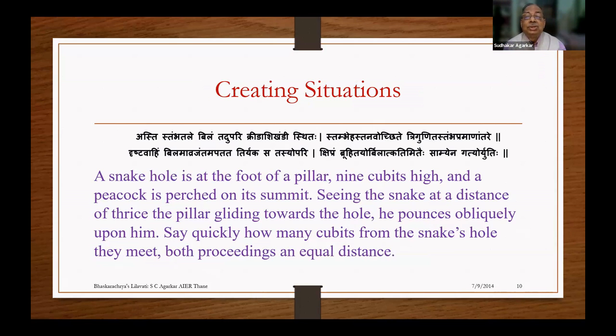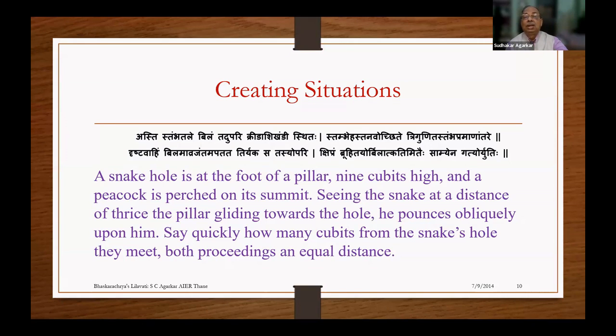characteristic. Mathematics need not be colorless, orderless, tasteless. Mathematics can be made interesting. So in order to make a mathematical problem interesting, Bhaskaracharya creates situations. And in his situations, a variety of animals and birds come.